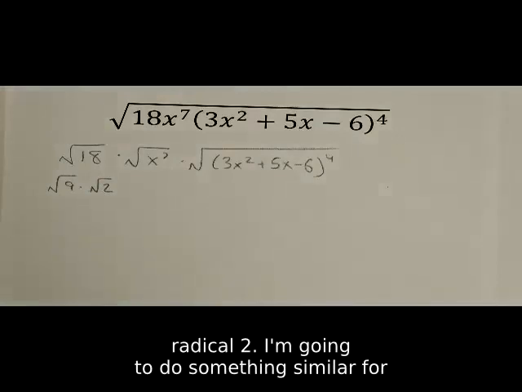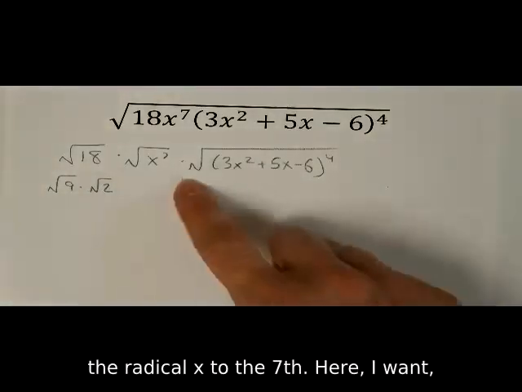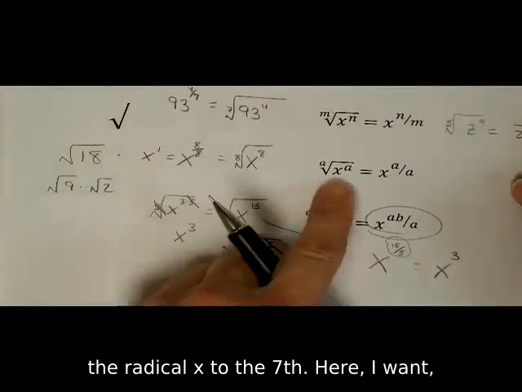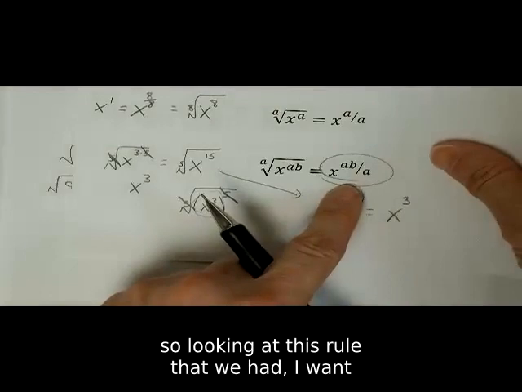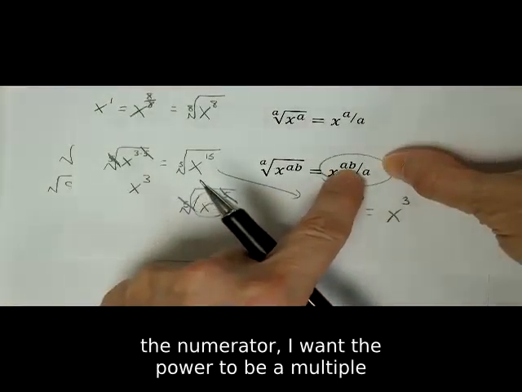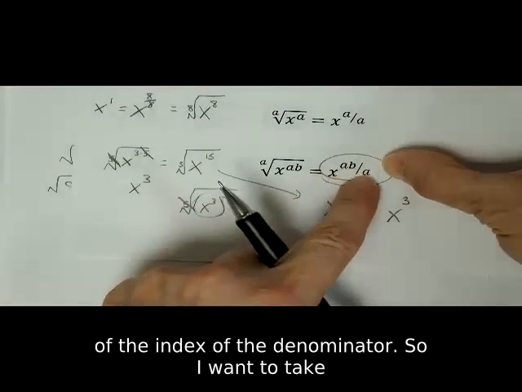I'm going to do something similar for the radical x to the 7th. Here, looking at this rule that we had, I want the power to be a multiple of the index, of the denominator.